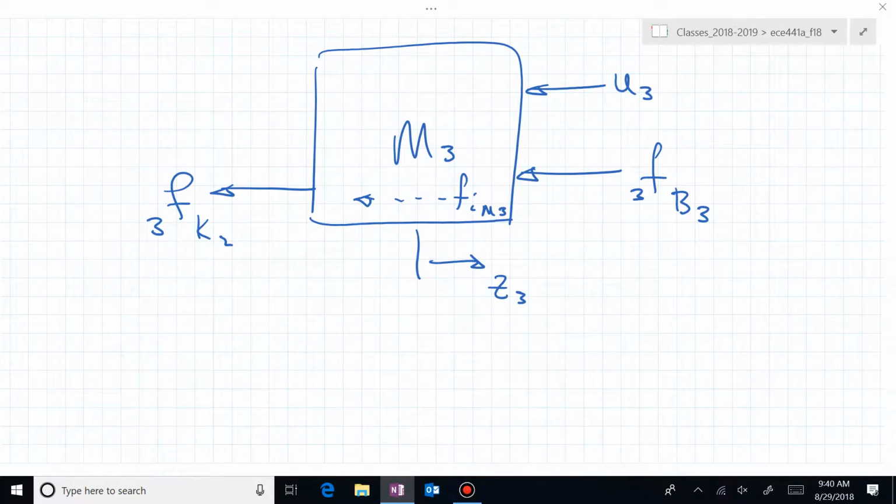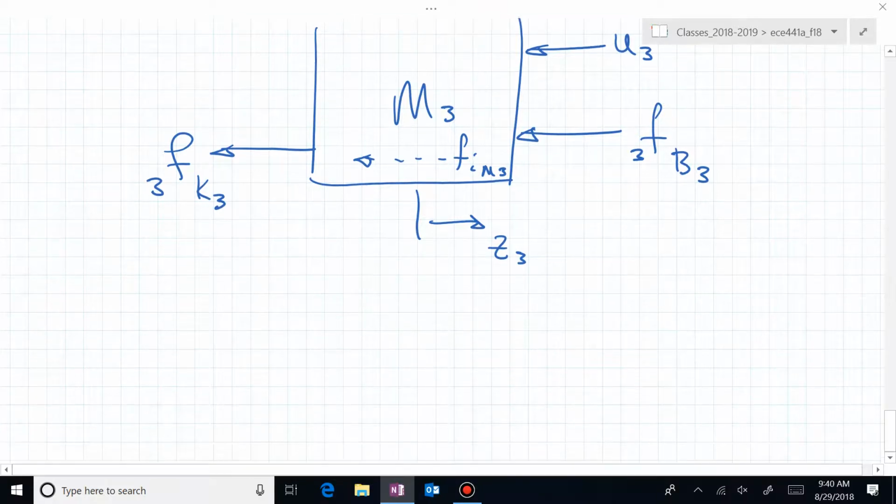Go back. Pardon? I was just checking to make sure you guys were even paying attention. K sub 3. Thank you. Any other errors on the board? No? Sum of forces equals 0.